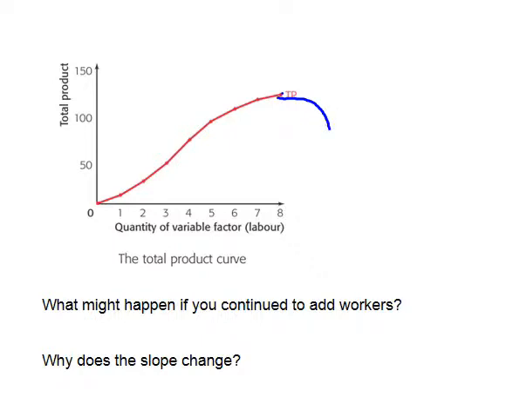So what might happen as you continue to add more workers? Certainly the productivity diminishes, and in fact the total product may actually start to decline. And the slope was what I was talking about at the beginning, where you have increased efficiencies as we add 1, 2, or 3, 4 workers, but then it starts to become less efficient as we add more, so the slope flattens out.